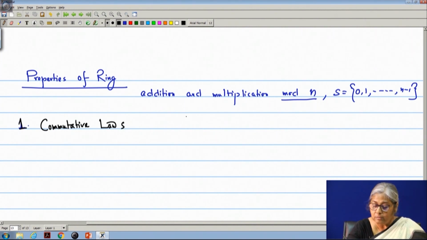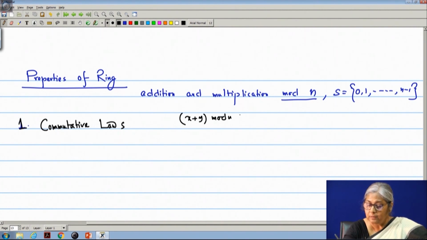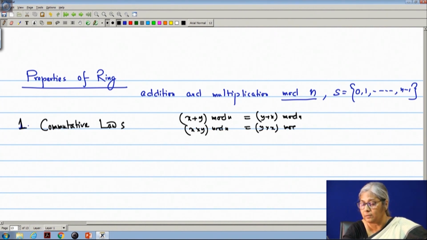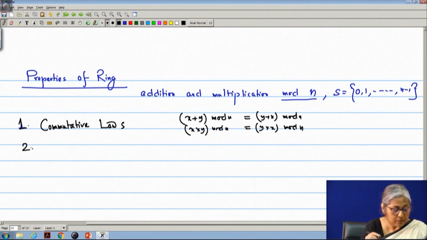We know that x plus y modulo n is y plus x modulo n, and the same thing for multiplication: x into y mod n is y into x mod n. Now, the associative laws.